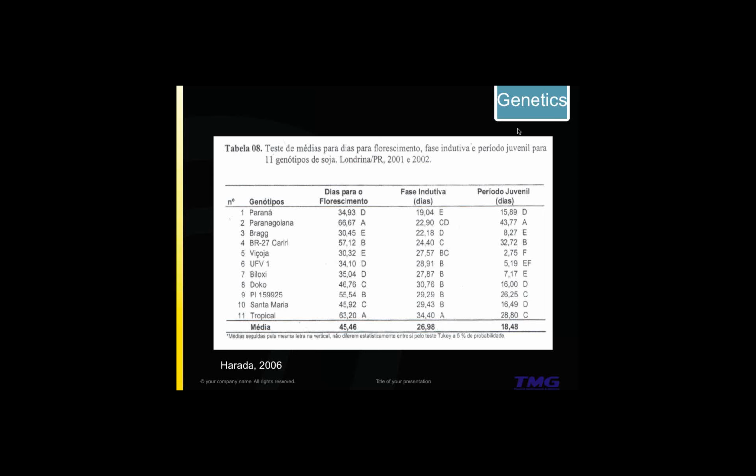That was true for different planting seasons: 2 different years that I had data, and 3 different planting dates.